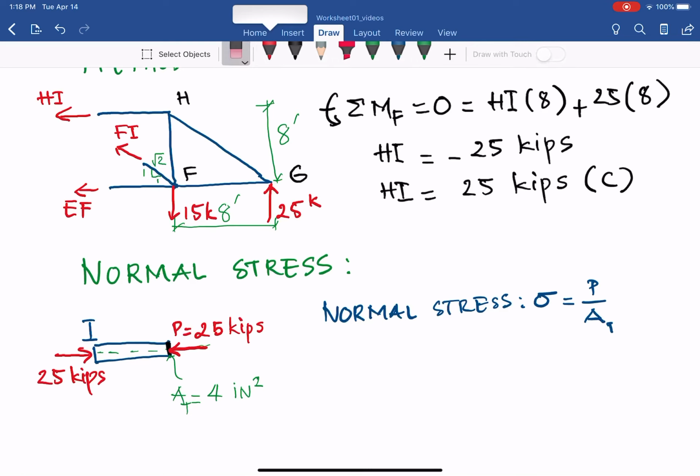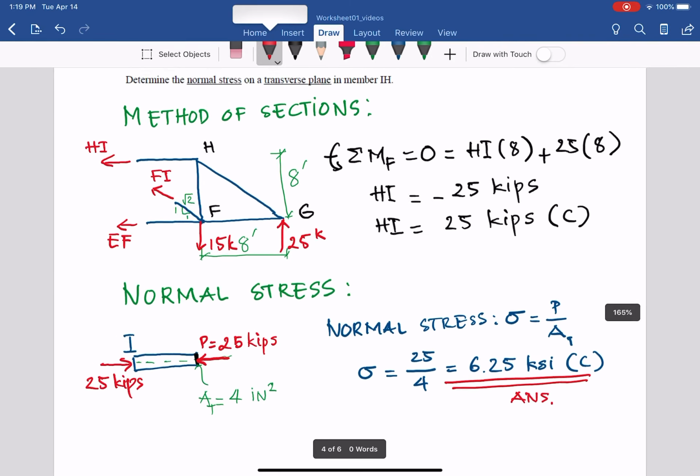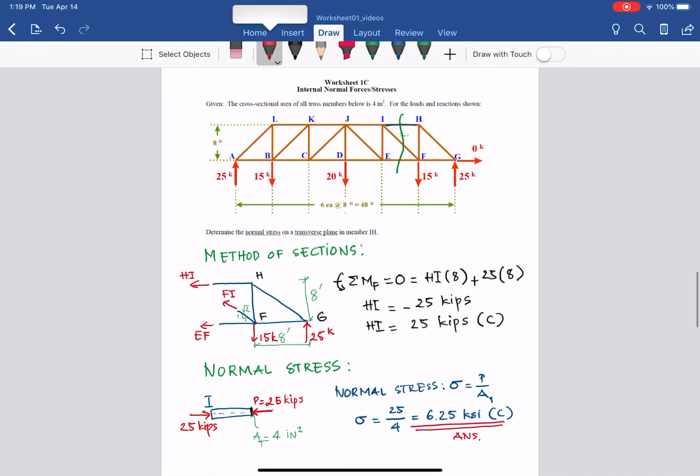Sigma will be equal to 25 divided by 4, so it will be 6.25 kips per square inch, so it will be ksi, and it will be compression. The normal stress direction is the same as the direction of the force, so it will be compression as well. So that will be the answer for the normal stress. And I suggest that with the same process we can do the following problems in worksheet 1C.